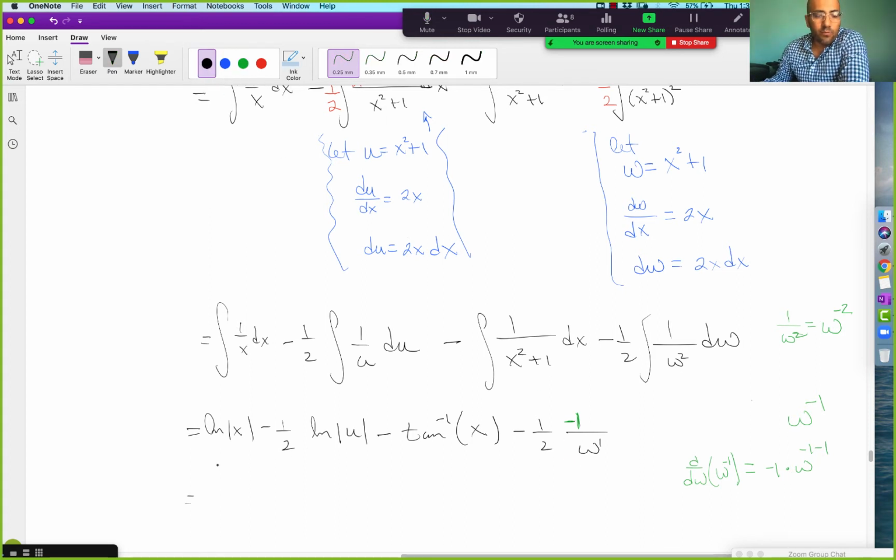Okay, so now we got to rewrite everything back in terms of x. Ln of absolute value of x minus 1/2 ln of absolute value of x squared plus 1 minus tangent inverse of x plus 1/2, and that's 1 over w, which was x squared plus 1.